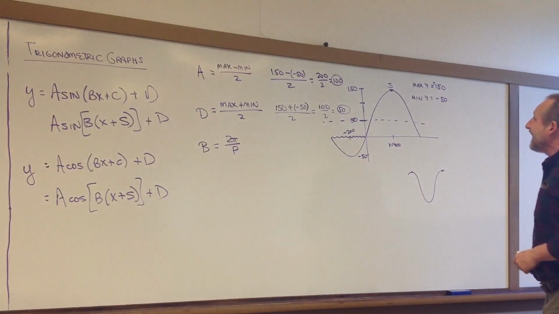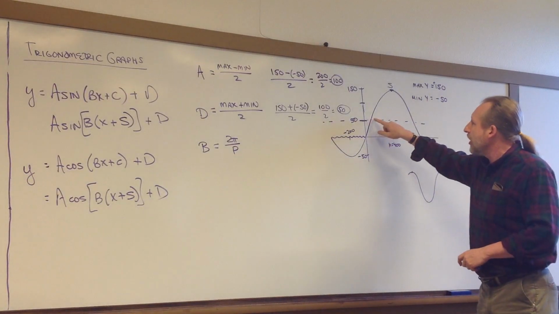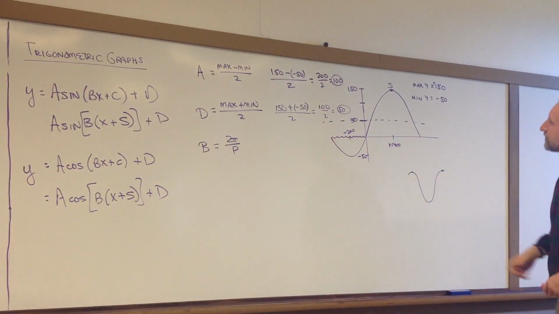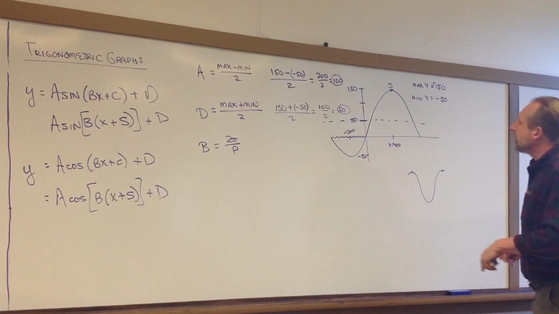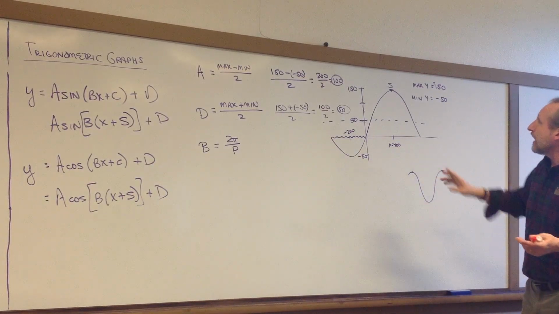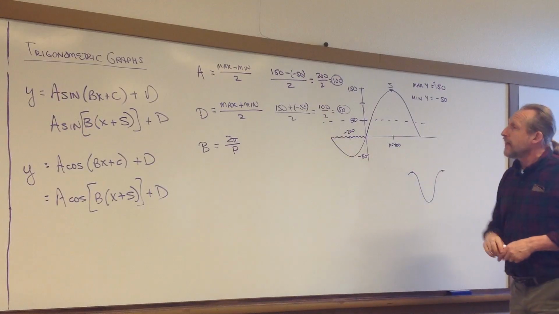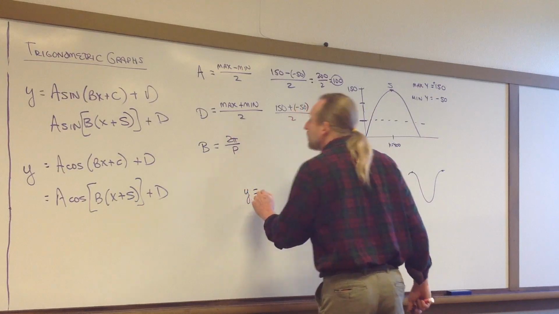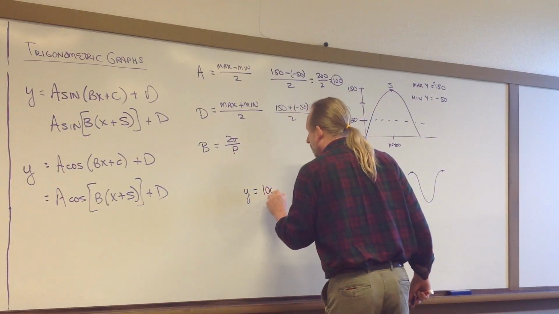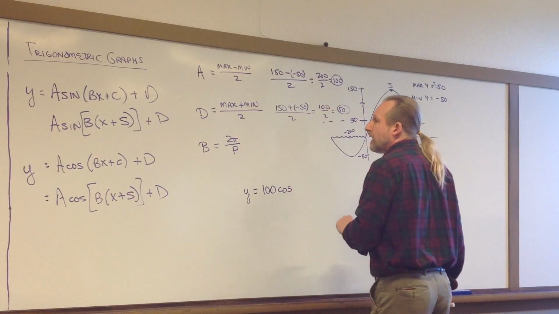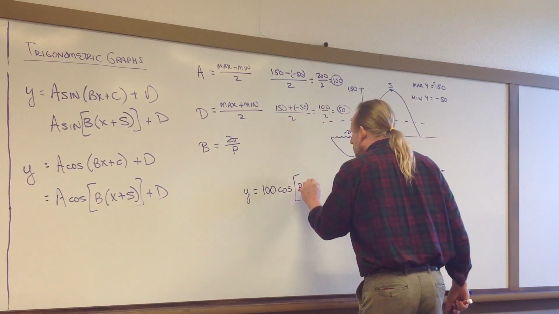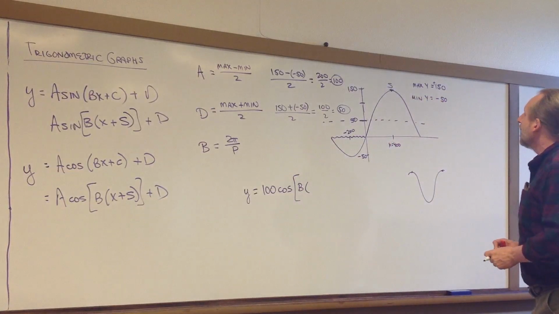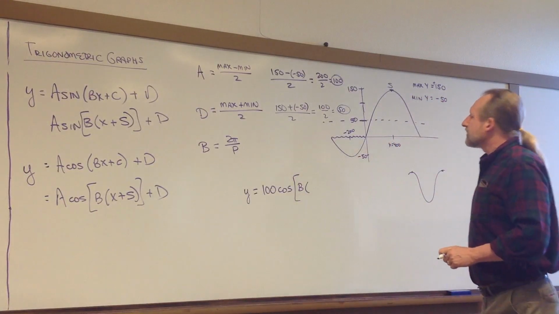Okay? Starting a sine function is tricky because we don't really know what the x coordinate for this position is. We could dig into it a little bit. I'm going to use a positive cosine graph, and this is going to be my new starting position at x equals 400. So let's do that. Let's say y equals, a is 100, positive cosine. I'll just put the b in there now. Oh, I need to change the sign on this.